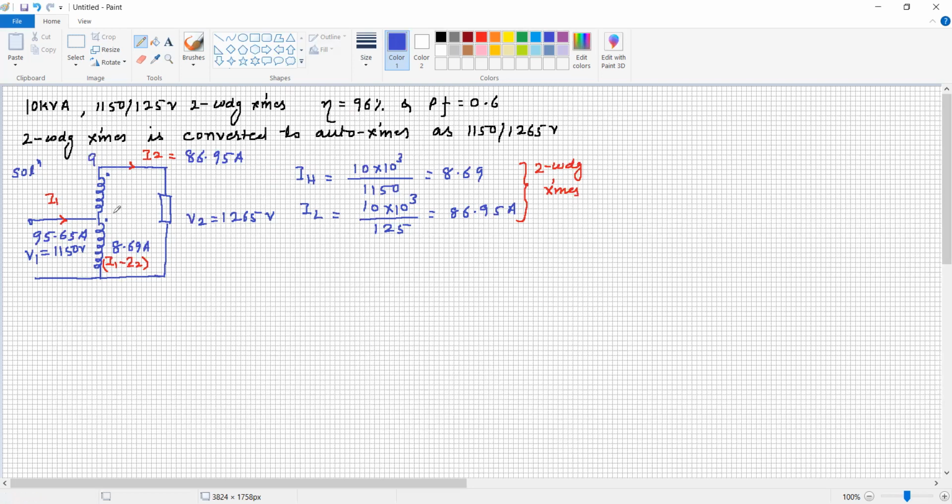It is A, B, and this is C. Now, we want to calculate the kVA rating of auto transformer.